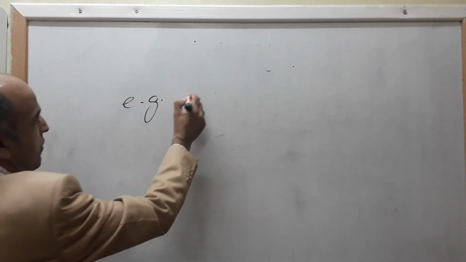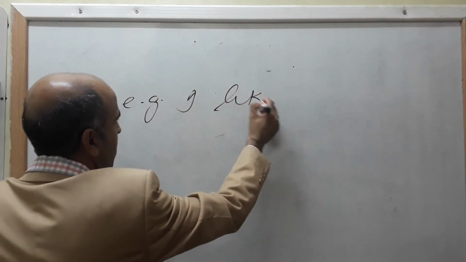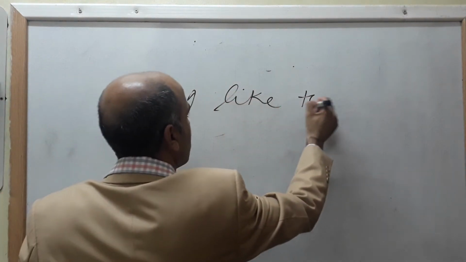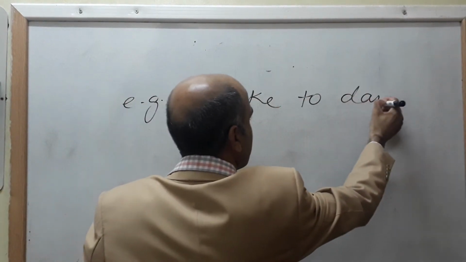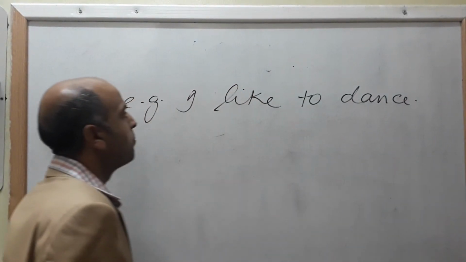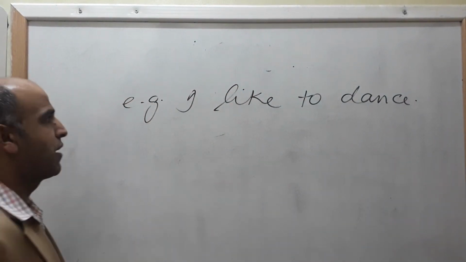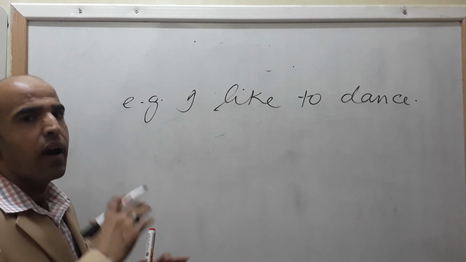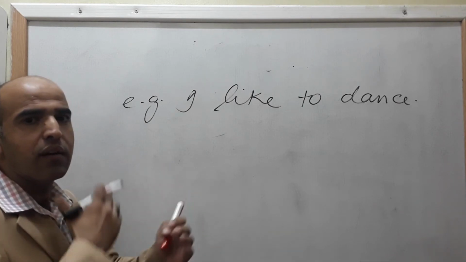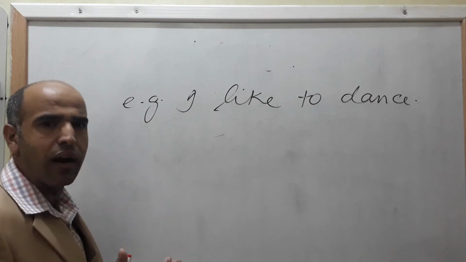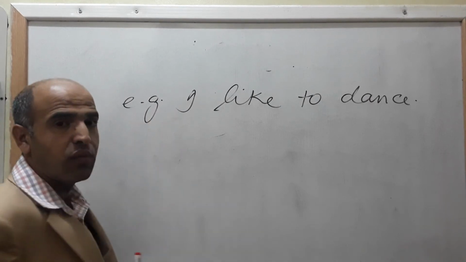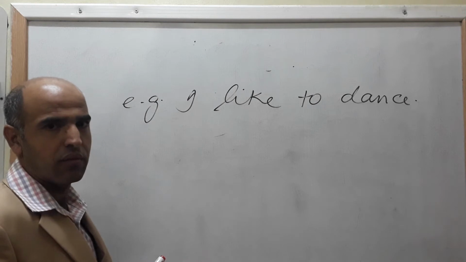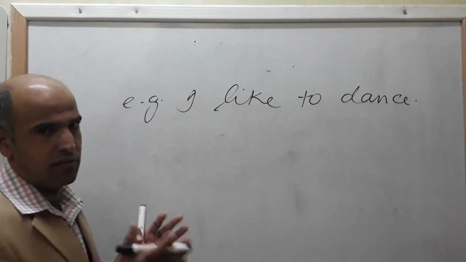For example, I like to dance. This is a very brief sentence to make you understand. Now I will tell you how an infinitive works as an object in a sentence. You can see the construction of a sentence.